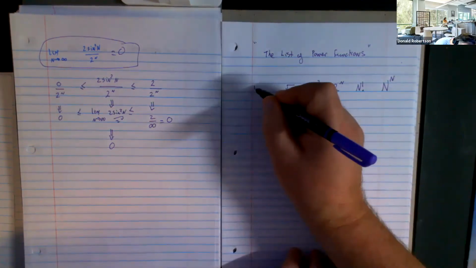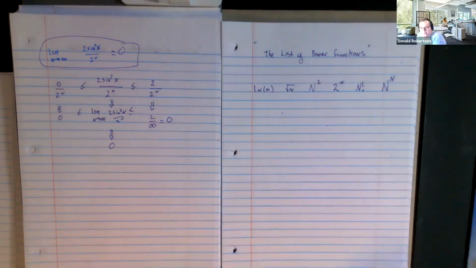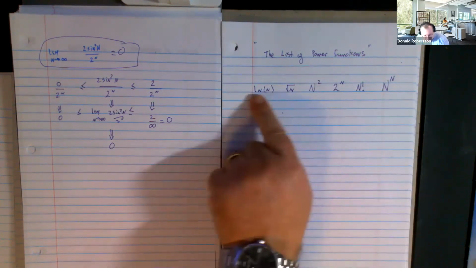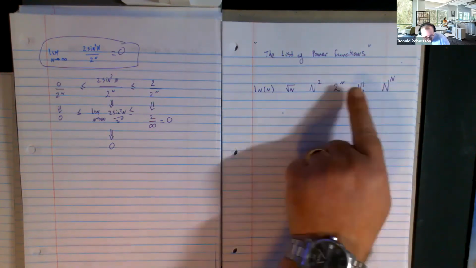And right at the tail end, you get natural logs. Now, if you can memorize this list of power functions, it will allow you to find the limits, the answer to limit questions that involve any two of these being divided.